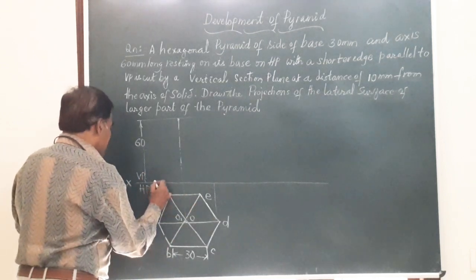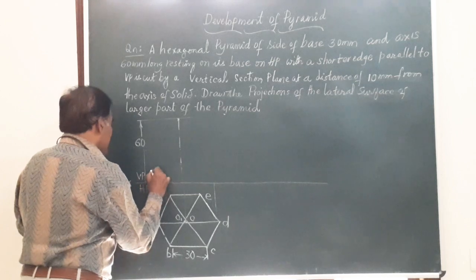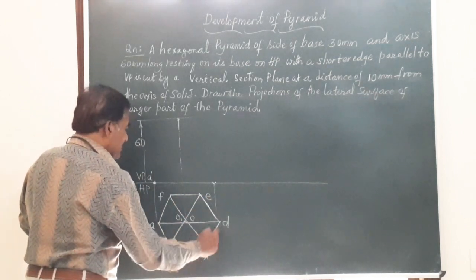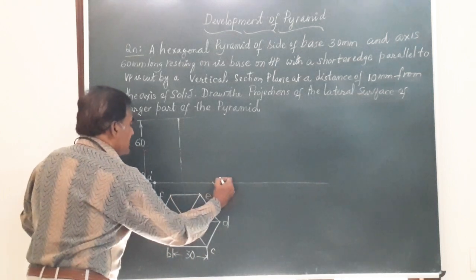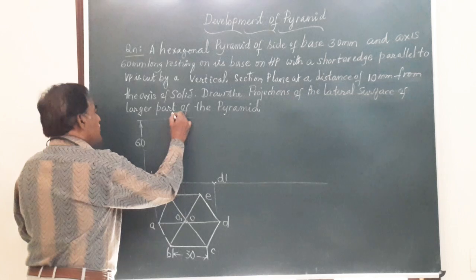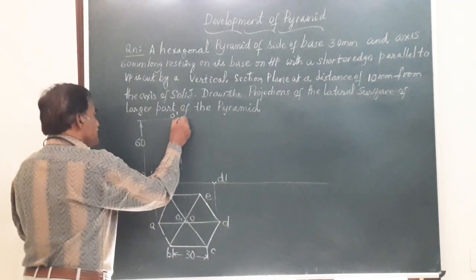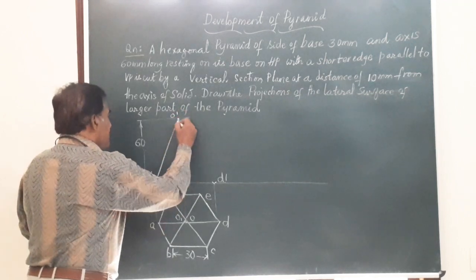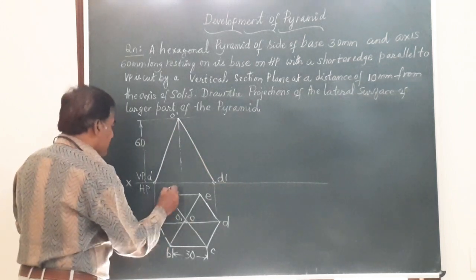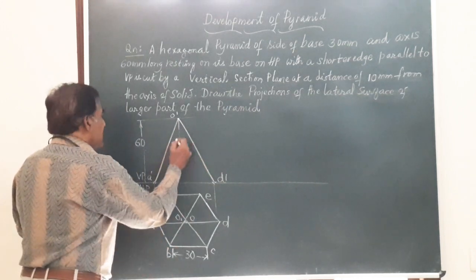We will get A dash here, the extreme point here is D dash. A, B, C, D, E, F. So this is D dash, join that to the vertex O dash, O dash A dash, O dash B dash. Similarly, B and F will lie on the same vertical line.